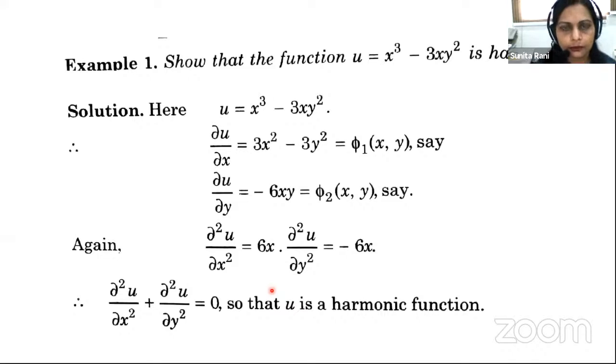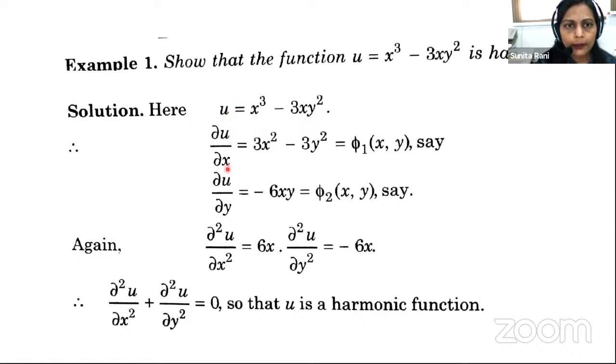Okay, there can be examples depending on the function u, where the example asks to show that the function is harmonic, or that a limit exists, or that the function is continuous. One example: if u is x cube minus 3x y square, show that this function is harmonic. You have u equal to x cube minus 3x y square.